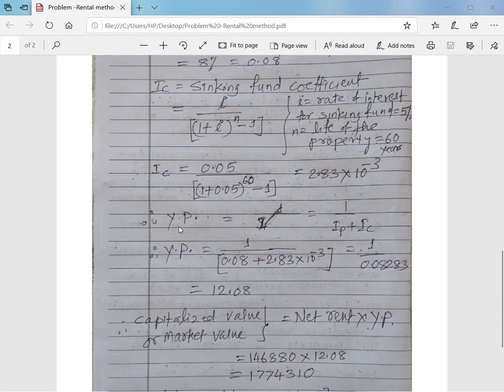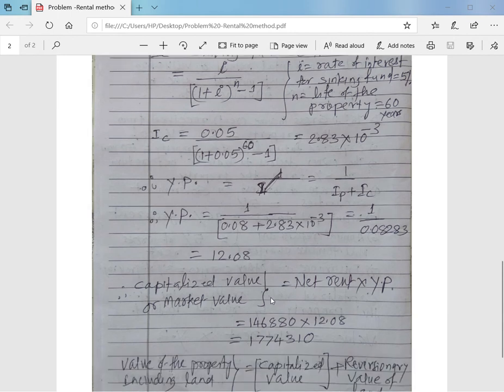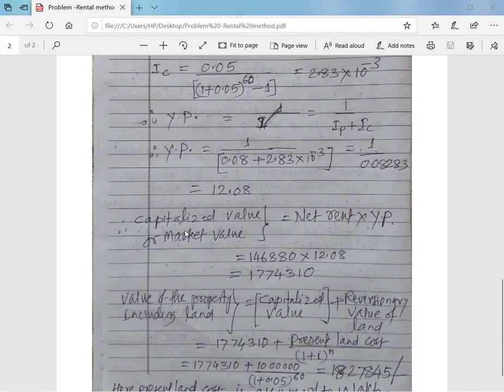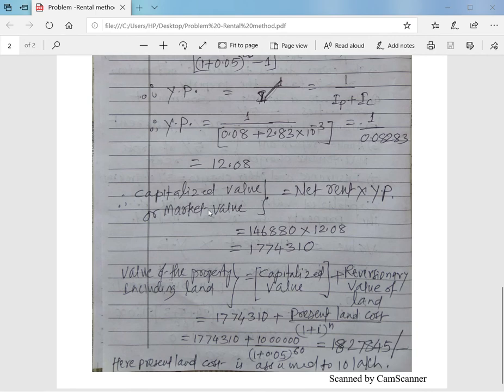Now therefore YP, years purchase, is equal to 1 upon IP plus IC. Keeping all the values, 1 upon 0.08, the value of IP, plus 2.83 into 10 to the power minus 3, the value of IC. By solving, we obtain years purchase equal to 12.08. Therefore capitalized value, or we can call it market value also, is equal to net rent multiplied by years purchase.